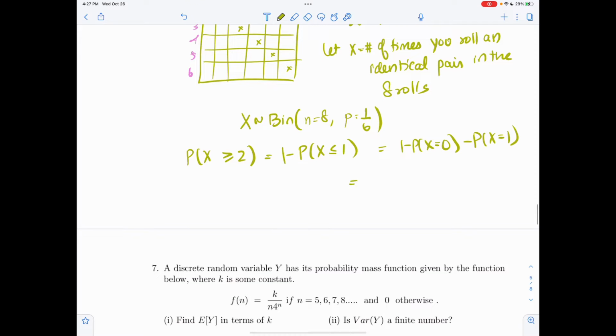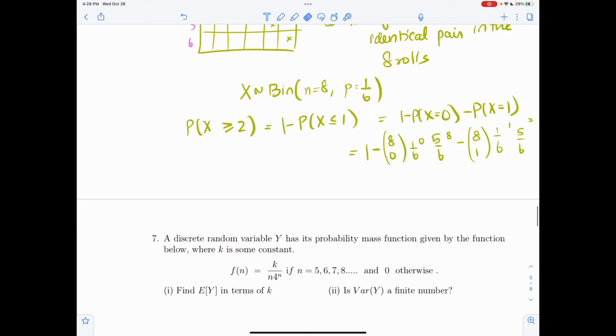All right, so it is 1 minus 8 choose 0, P raised to 0, which is 1/6, 1 minus P, which is 5/6 raised to 8, minus 8 choose 1, P raised to 1, 1 minus P raised to 7. Let's not put parentheses there. Okay?